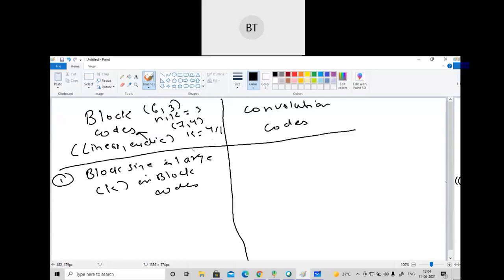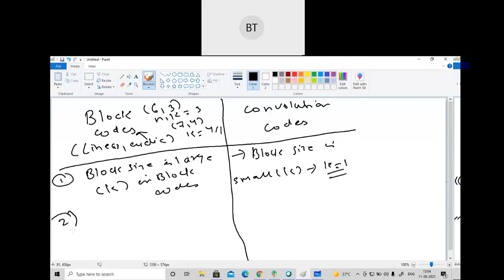So it was large in the block codes, but in the convolution code the block size is small, that k value will be small. That k value will always be 1. So that will be a smaller value in the convolution code. That is the first difference.